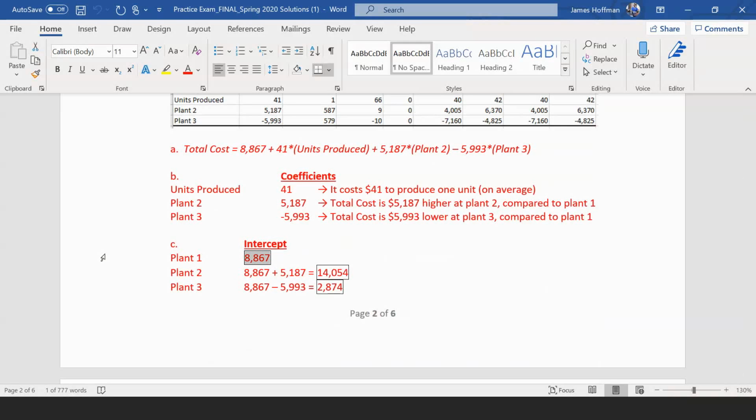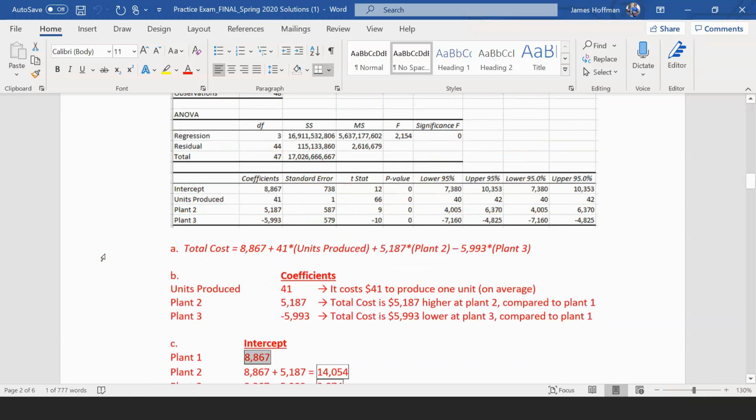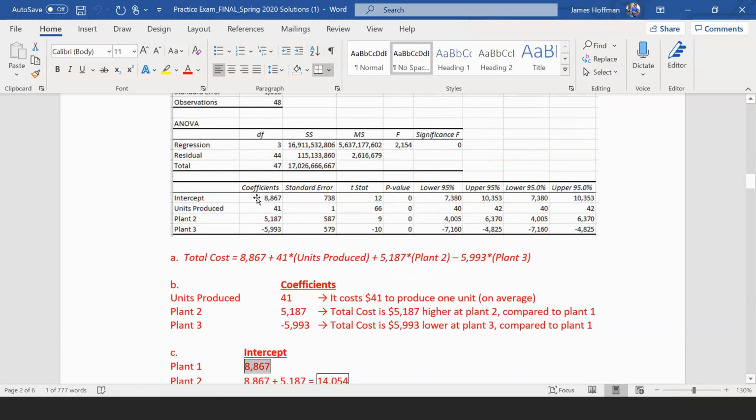Okay, so the intercept for plant 1 is just the intercept you see in the chart, because when plant 2 and plant 3 are 0, then this is the only intercept left. And so the default one is the intercept for plant 1.